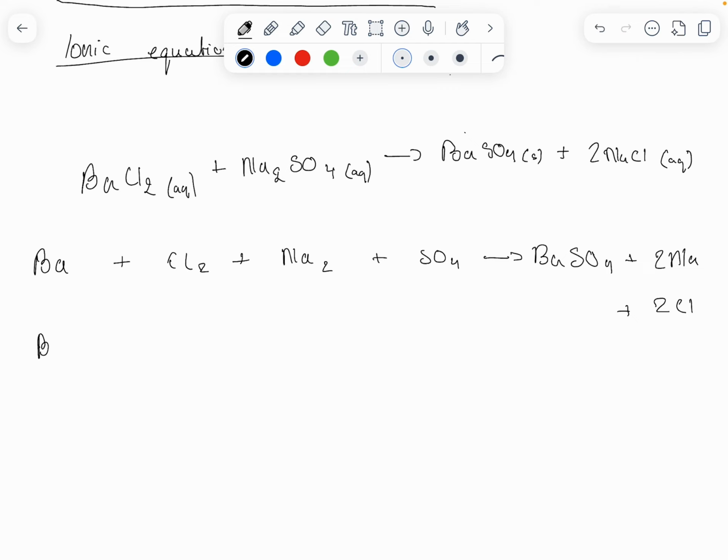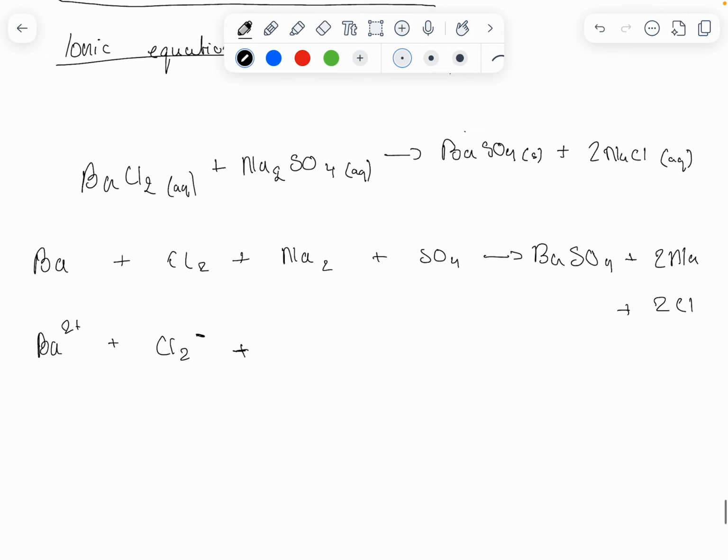So it's going to be Ba2+, Cl2 minus, because there's 2, it multiplies and it becomes 2-, plus same thing for the sodium and sulfate. What happens here is you have to memorize the valencies. For example, for sulfate, it's SO4 2-. However, if you don't know it, you can look at sodium, Na.